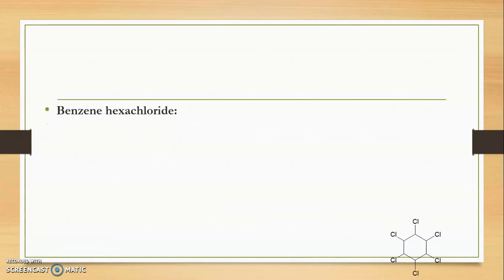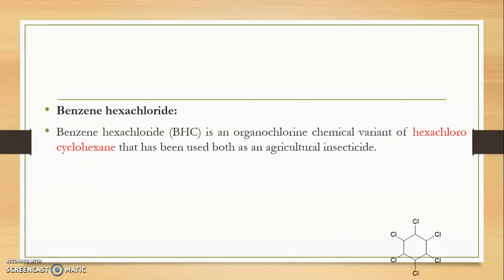After saccharin, the next product is benzene hexachloride, which is also known as BHC. It is another organochlorine chemical variant of hexachlorocyclohexane that has been used as an agricultural insecticide. Also, it is used for pharmaceutical treatment for lice as well as scabies. The simple structure is benzene with 6 chlorines, that is cyclohexane, saturated benzene.